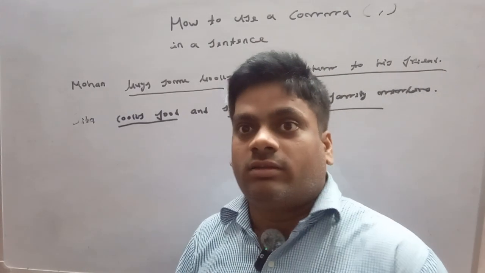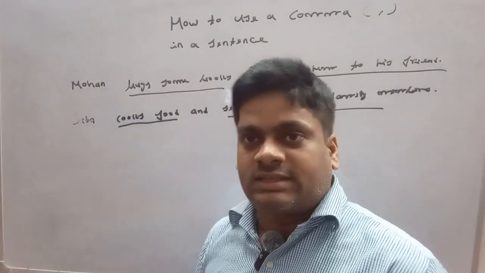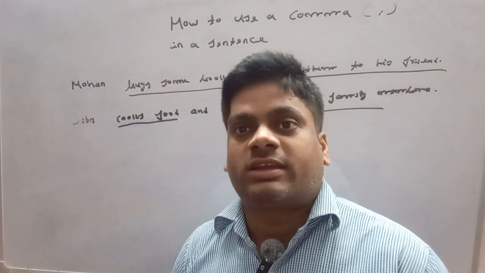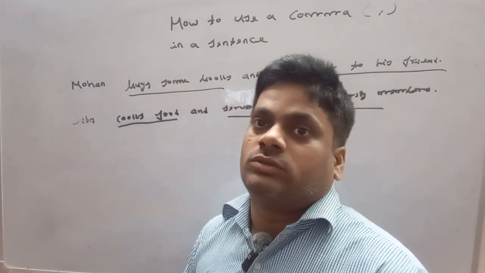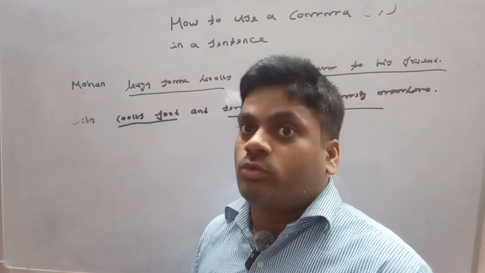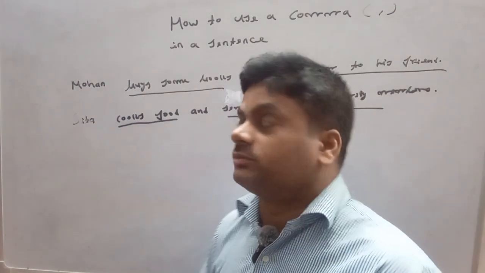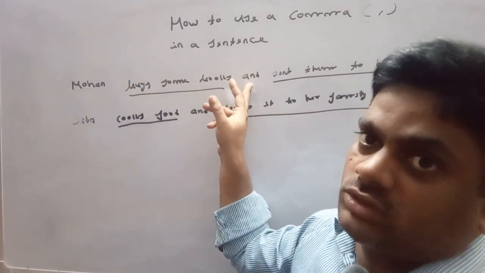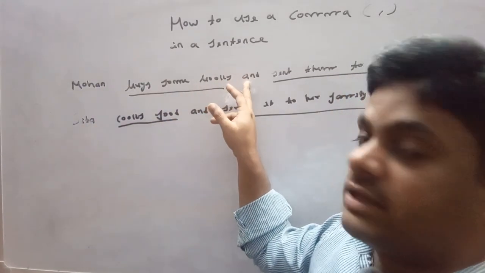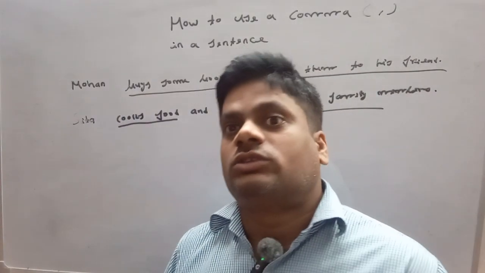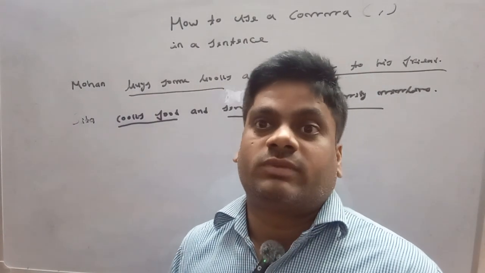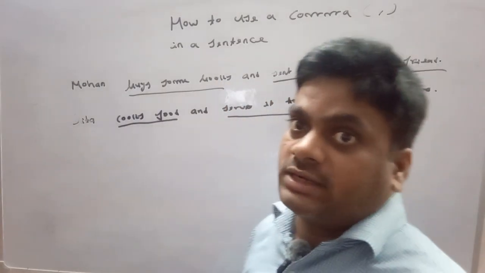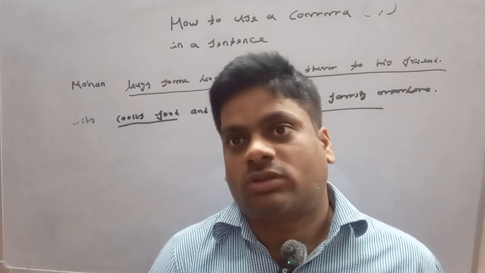So, guys, when a single subject has two predicates, then we cannot use a comma while joining two predicates with a single subject. As in the first sentence, Mohan buys some books. Here we cannot use a comma, because we are not connecting two principal clauses with the help of a conjunction, but connecting one predicate to another predicate.